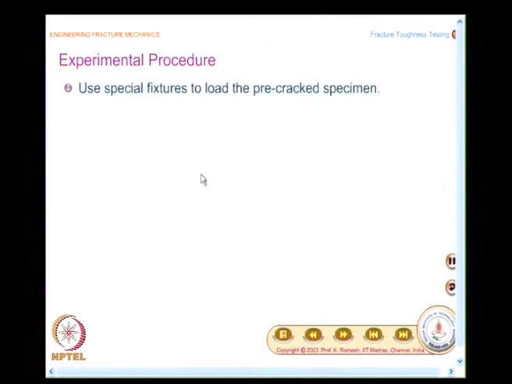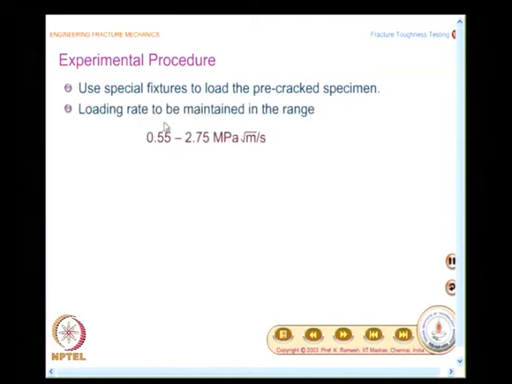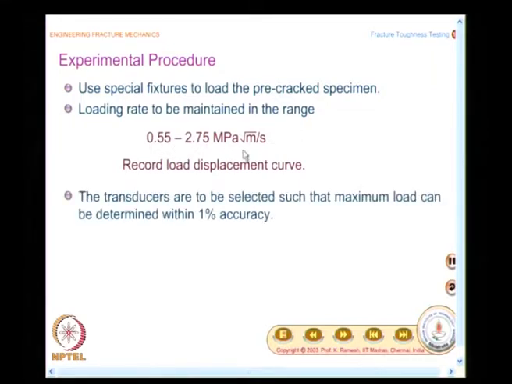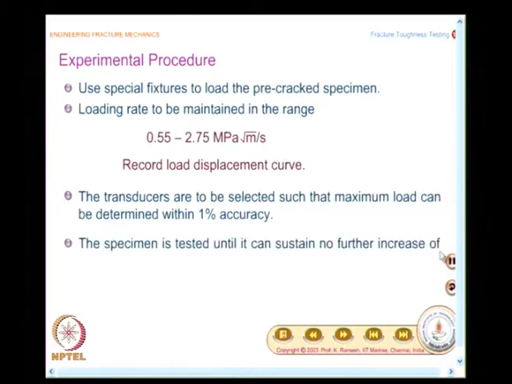And what is the experimental procedure? You have to use special fixtures to load the pre-cracked specimen. Loading rate should be maintained in the range 0.55 to 2.75 MPa root meter per second. This is very important.